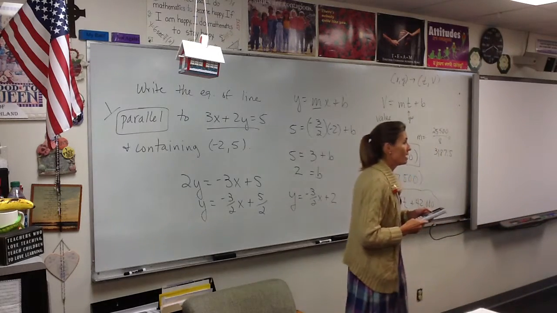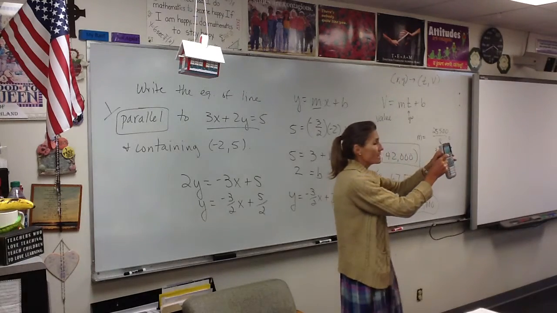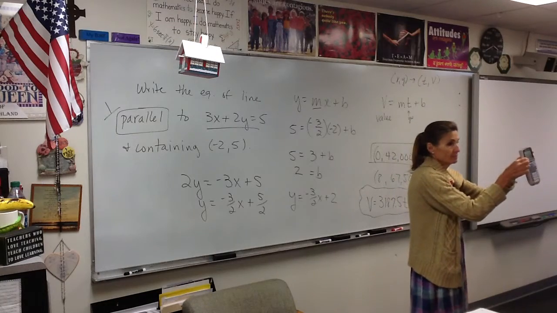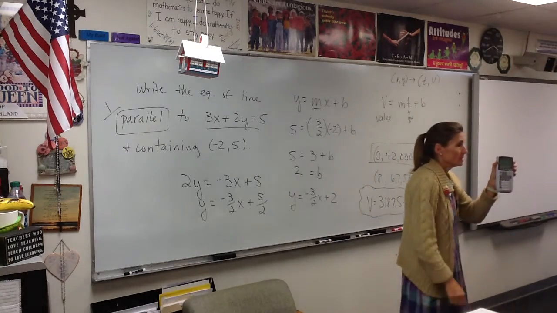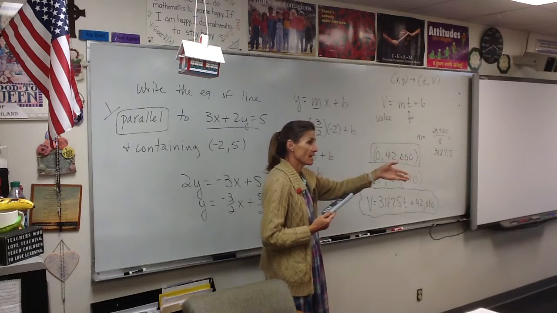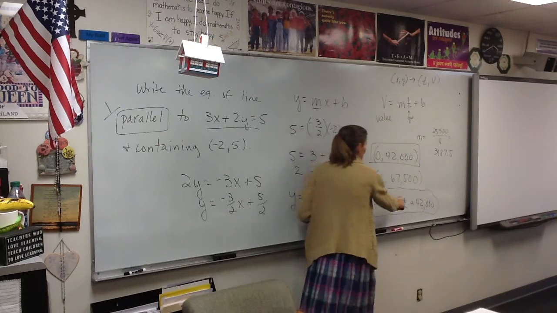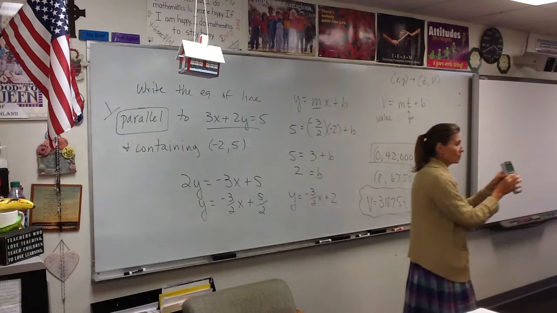Okay, step 1. On your calculator, you've got a Y equals button. Everybody find it? My finger's on it. Press it. That is the button where you put equations into the calculator. So go ahead and type this in. You won't put a T, you'll put an X. The X is your variable button.